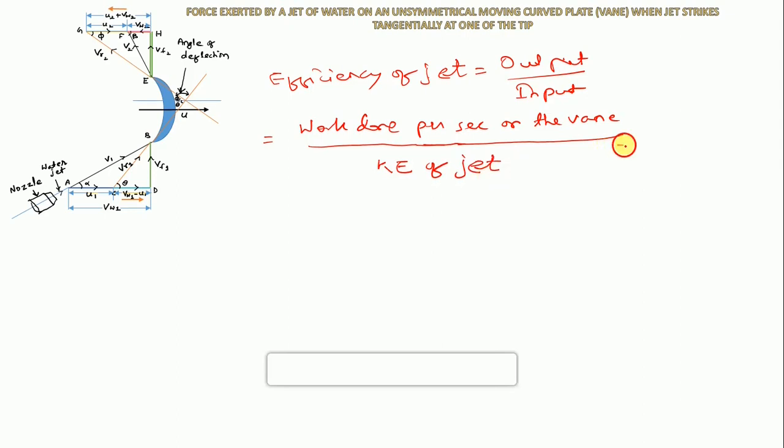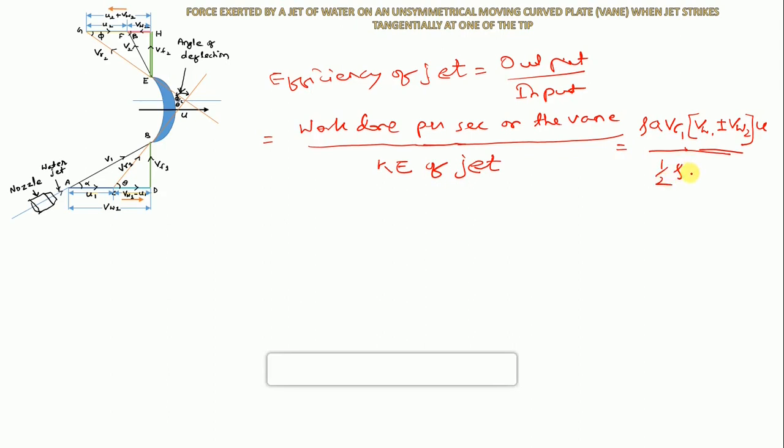So work done per second on the vane is rho a Vr1 into Vw1 plus minus Vw2 into u, divided by half m v square.